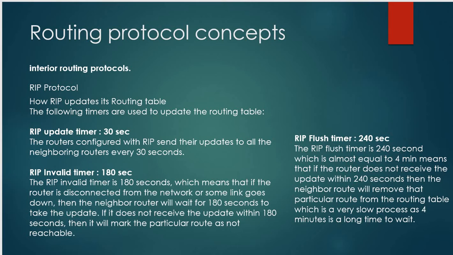So it is disconnected from the network or some link goes down, then the neighbor routers will wait for 180 seconds to take the update. So this is the RIP invalid timer.